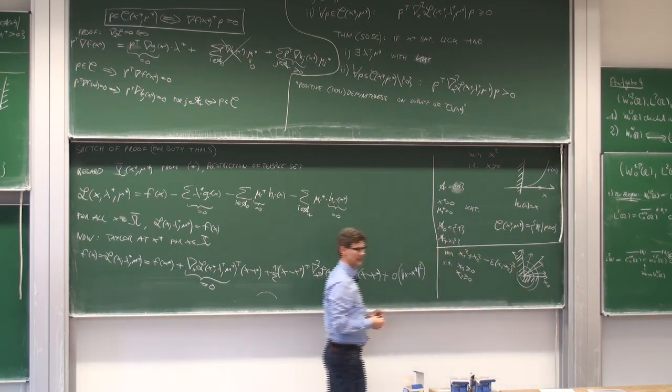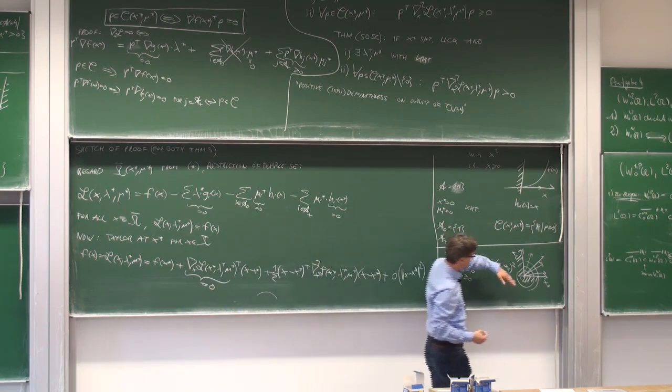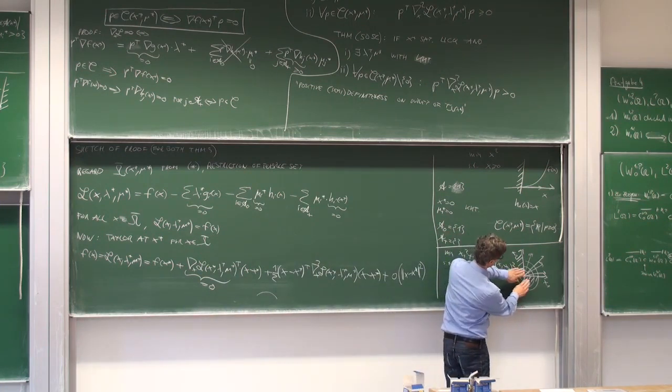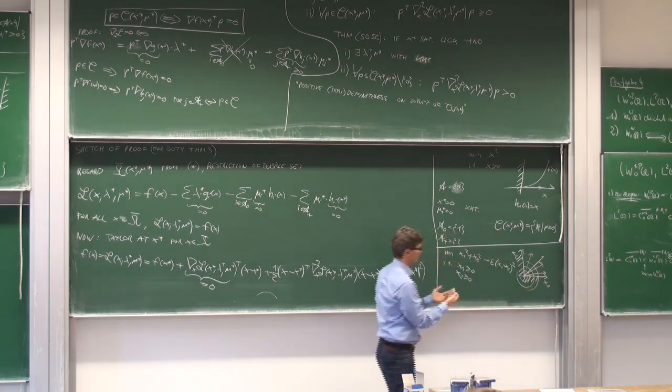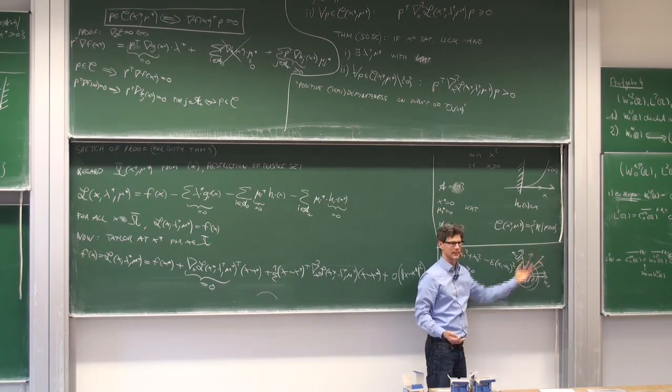So now I got some negative curvature. This negative curvature will be in this direction, and I can still keep positive curvature in all the directions which matter, namely in this direction.